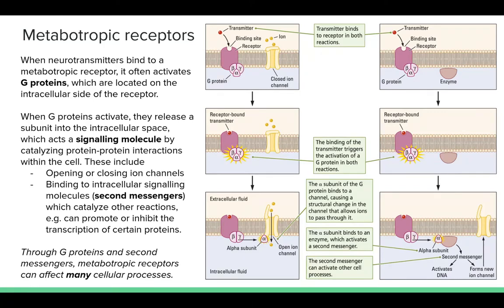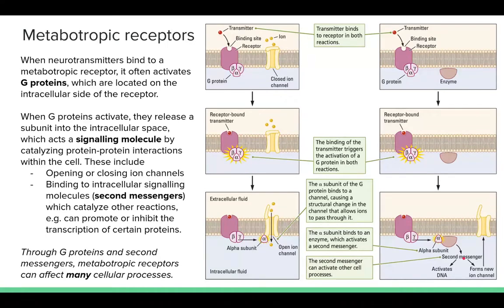And here, we can think of many, many different effects that this could have. So, for example, you could imagine an instance where the activation of our G protein subunit activates a cascade of second messengers, which eventually translocate to the nucleus and stimulate the production of more neurotransmitter receptors that will eventually be manufactured and placed inside the cell membrane.